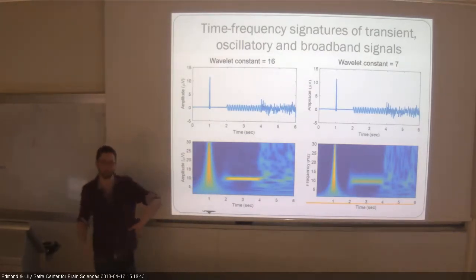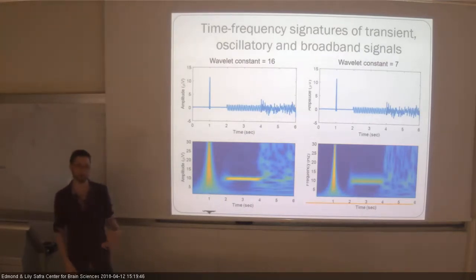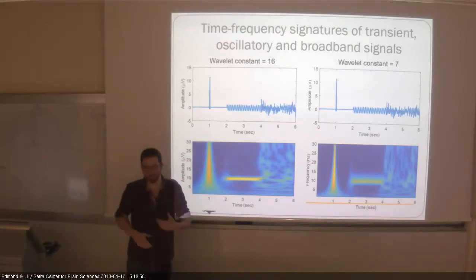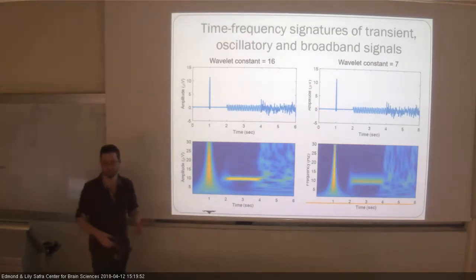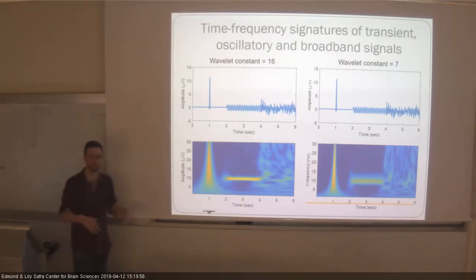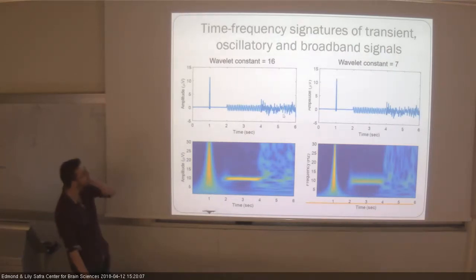But then we'd have to go with the lowest frequency that we want to look at and set our window according to that frequency. And this is basically the idea of the short time Fourier transform. It's the same window size, but then it really defines the lowest frequency that you can look at.